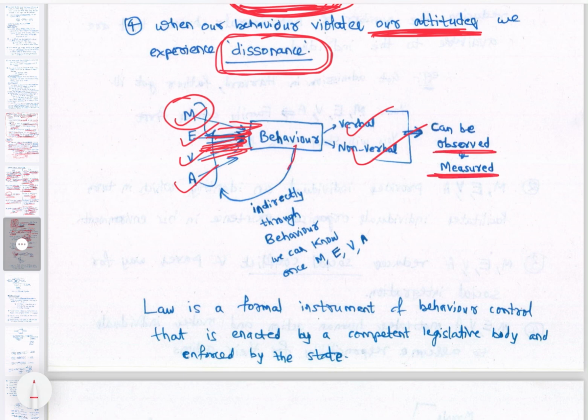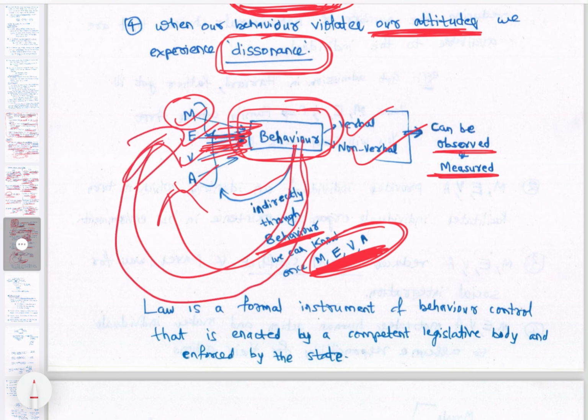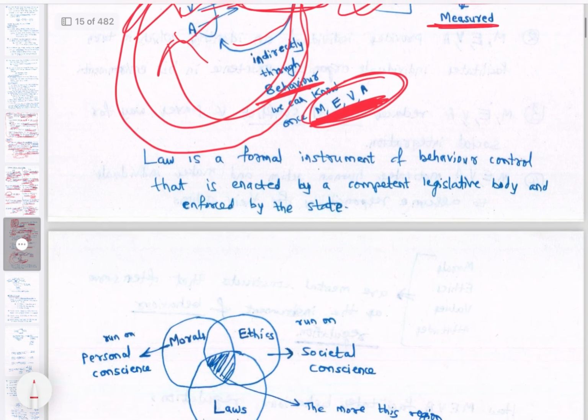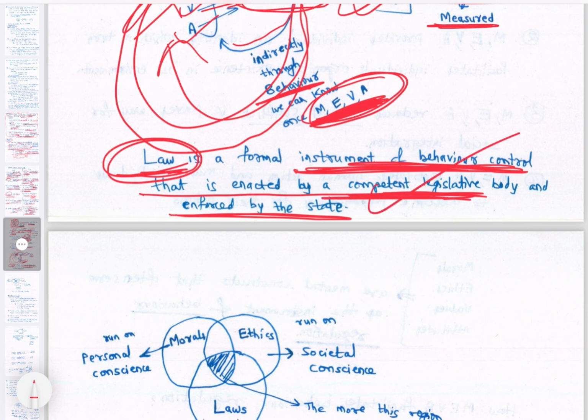So indirectly, through the behavior of an individual, we can know the values, morals and ethics of a person. Law is a formal instrument of behavior control that is enacted by a competent legislative body and enforced by the state. Basically, this is the definition of law.